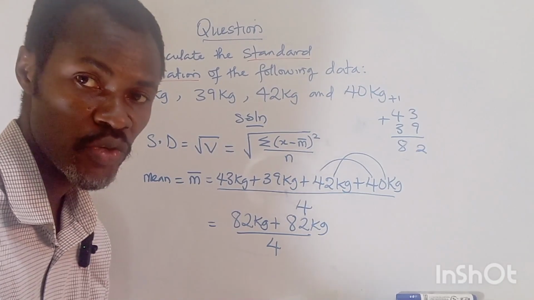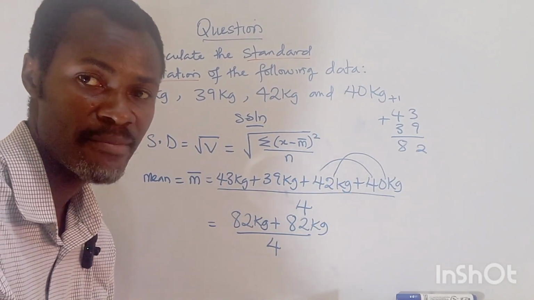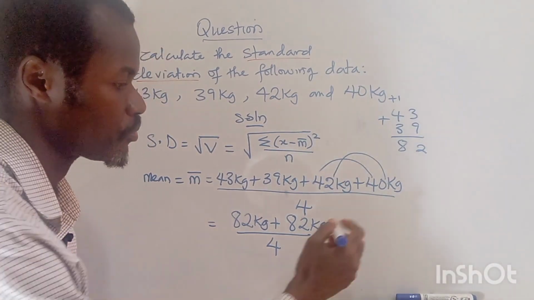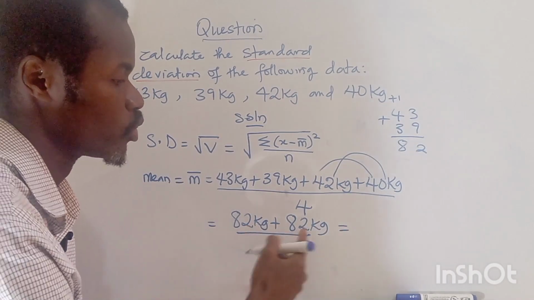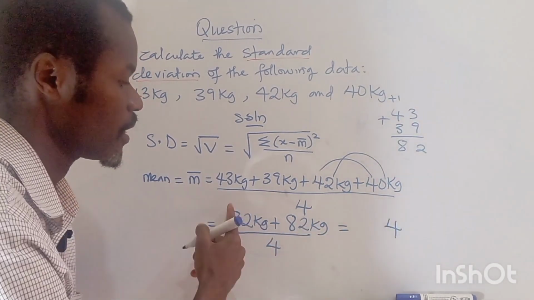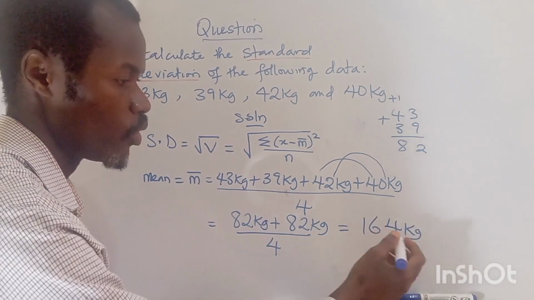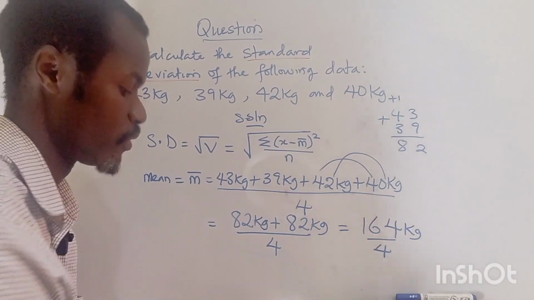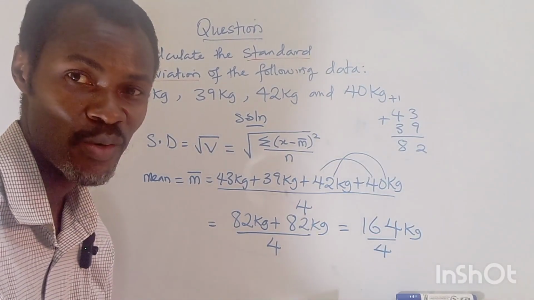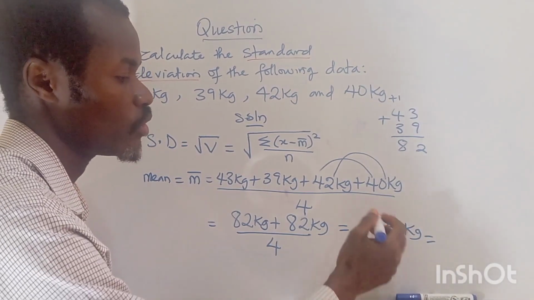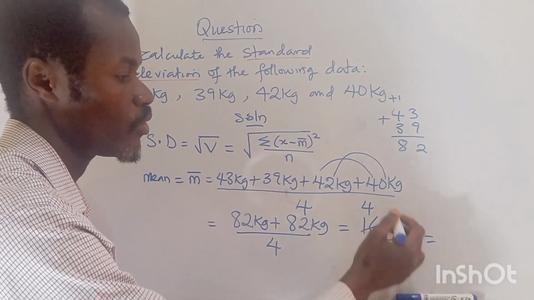So we have 82 kg plus 82 kg divided by 4. What is 82 kg plus 82 kg? 2 plus 2 is 4, and 8 plus 8 is 16. So we have 164 kg divided by 4. 4 can simply go into 16, which is 4, and 4 into 4 is 1.